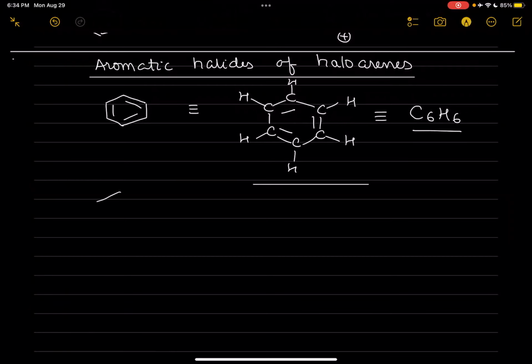For example, we have naphthalene, which has two joined benzene rings, which we use as naphthalene balls in many places. All these are aromatic compounds. Naphthalene, you must have observed that it has an aroma. So these are very common aromatic compounds, but benzene is the most common.